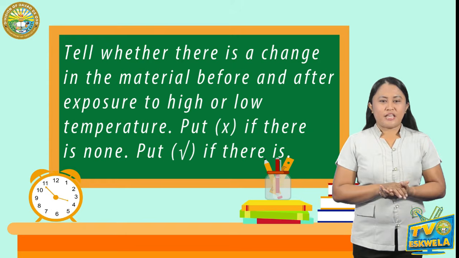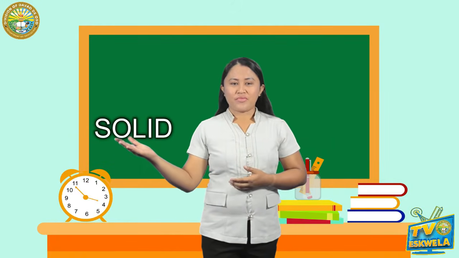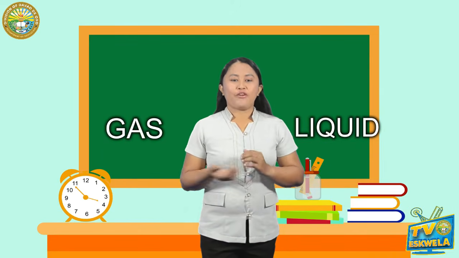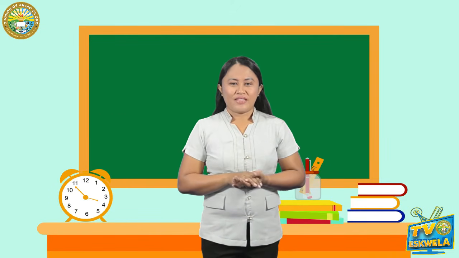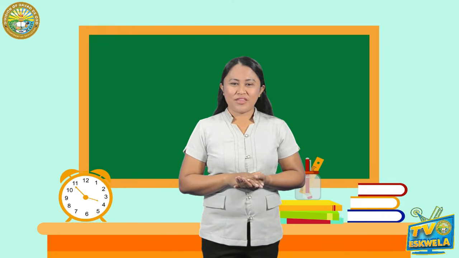Put X if there is none, and put a check if there is. Then, write solid, liquid, or gas for the changed material. The first one is done for you. Do this in your notebook. Are you ready? I will give you time to answer.